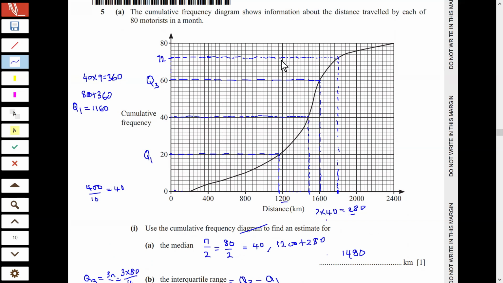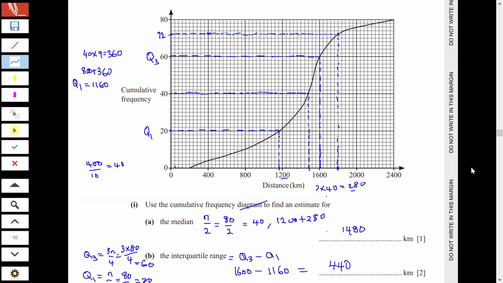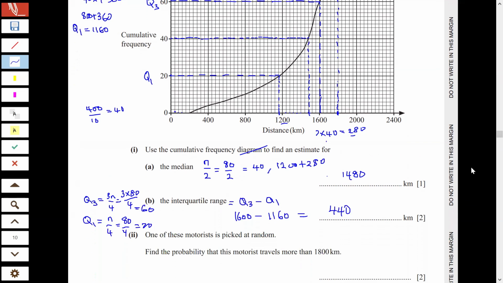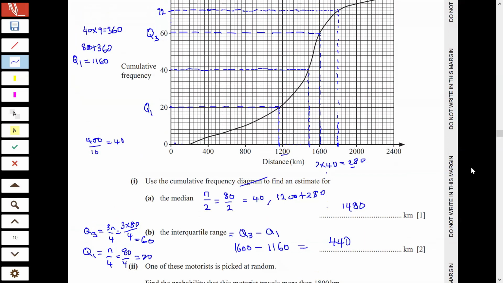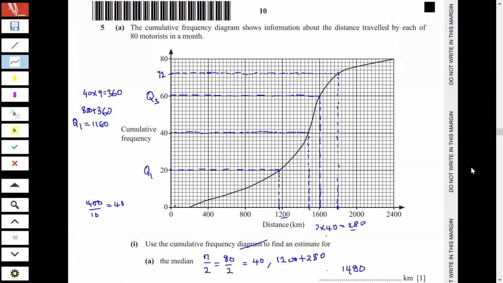From what we're given here, we're told that one of the motorists is picked at random. Find the probability that this motorist traveled more than 1,800 kilometers. The motorists that traveled more than 1,800 kilometers will be the motorists within this range that are above 72. All the values here until 80 are motorists that travel more than 1,800.